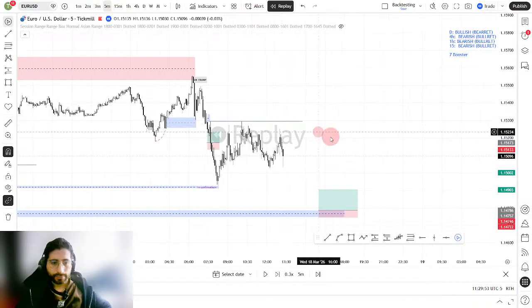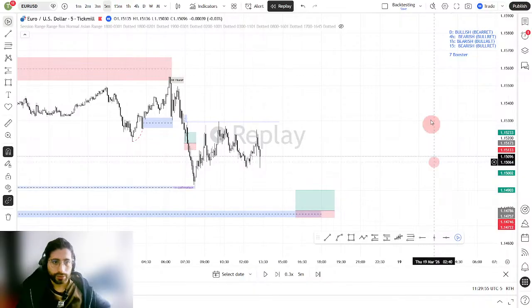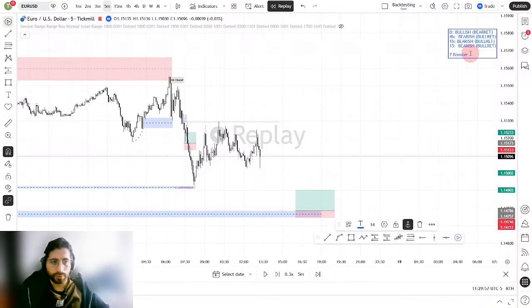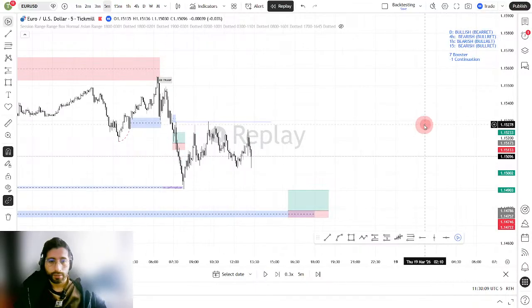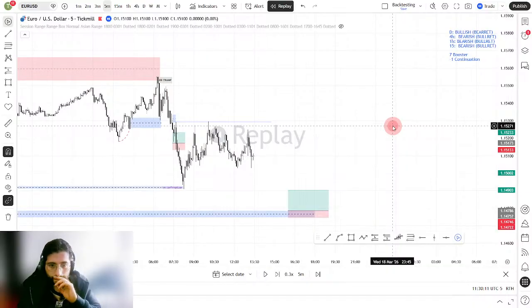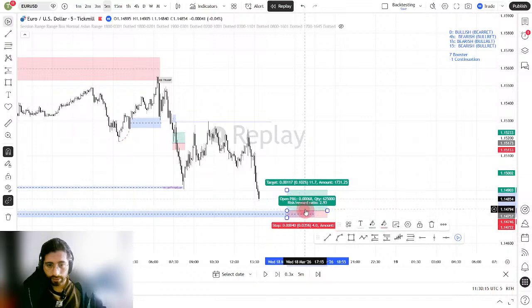Right. Let's keep moving. So this day we got one order, which is a continuation pattern. It was a continuation order, right? Let's see. I let the order here. I'm gonna let it there.